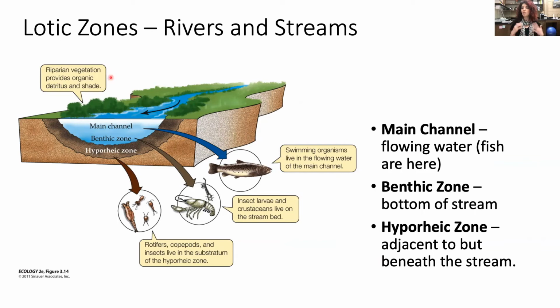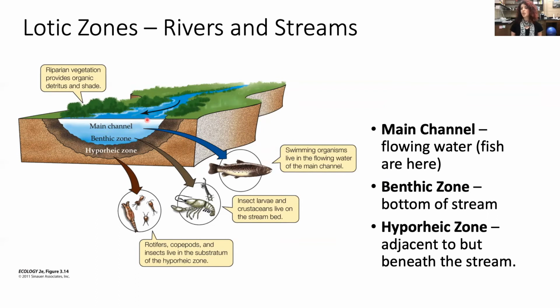This is where we have riparian vegetation, providing organic detritus and materials and nutrients and shade for the organisms that inhabit this stream. So first on top, we have the main channel. This is where the water is continuously flowing. This is where you have fish living. They are swimming, they are living their life, they're finding their mates, they're finding their food, all in the main channel.